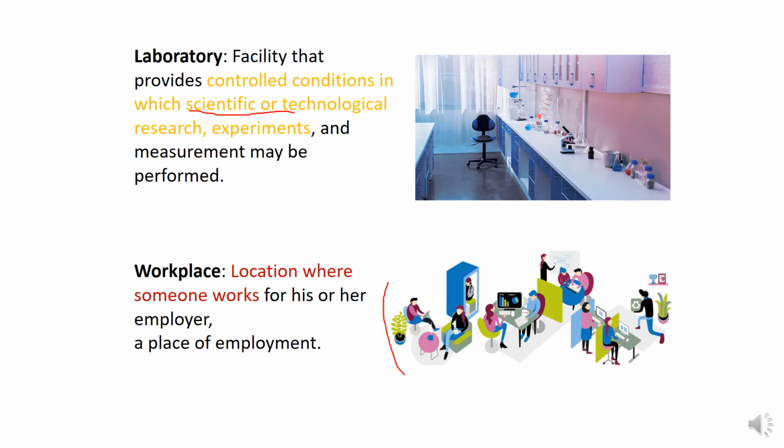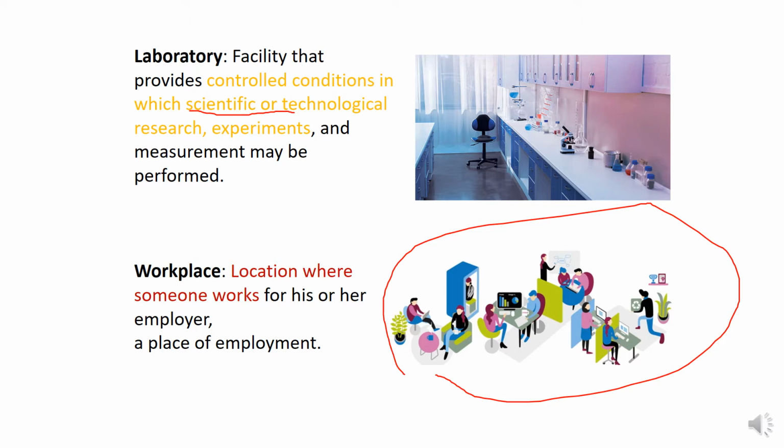It could be an office like this, or a field, or any site in engineering. We also use workplace for that site. So there is a little difference, but of course both lab and workplace are equally important, because sometimes I will give examples of a particular workplace that will not fall under the laboratory.